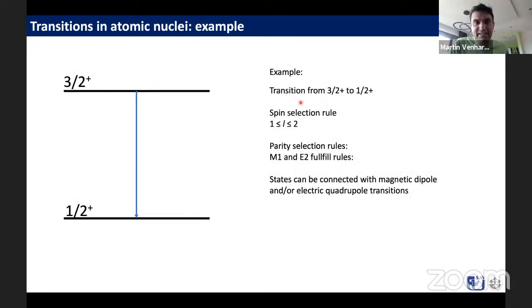So I have example here. Let's say if you have a 3½ plus state to 1½ plus state, so the spin selection rules tell us this. So parity selection rules tell us that it must be magnetic dipole or electric quadrupole transition.